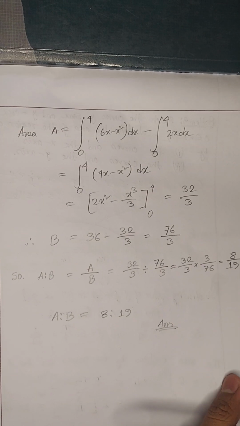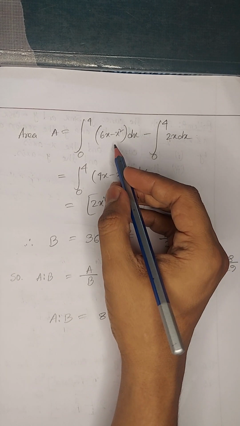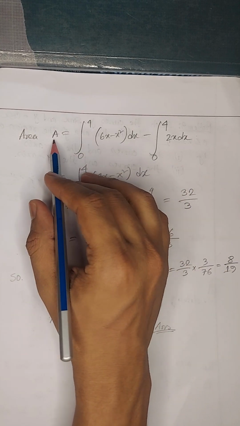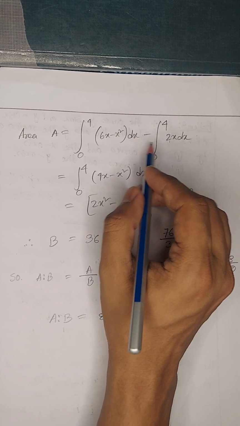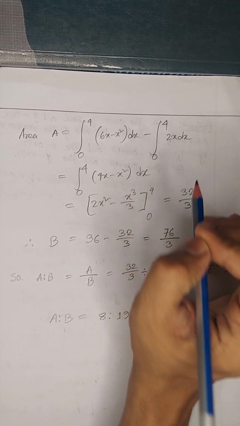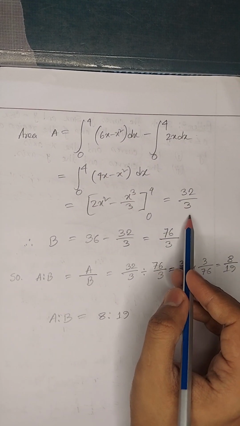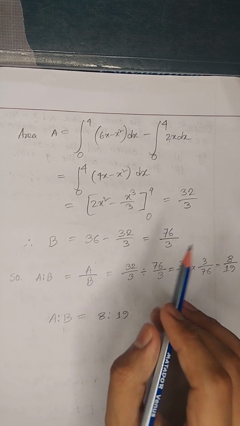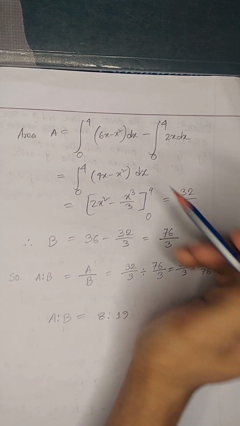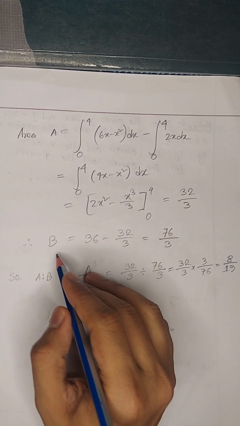That's why we have done it here. When we find the area of a, we subtract from total a plus b only the area of b, then we get this value 32 by 3, and b is 76 by 3. First we find the area of b, then we got the area of a.